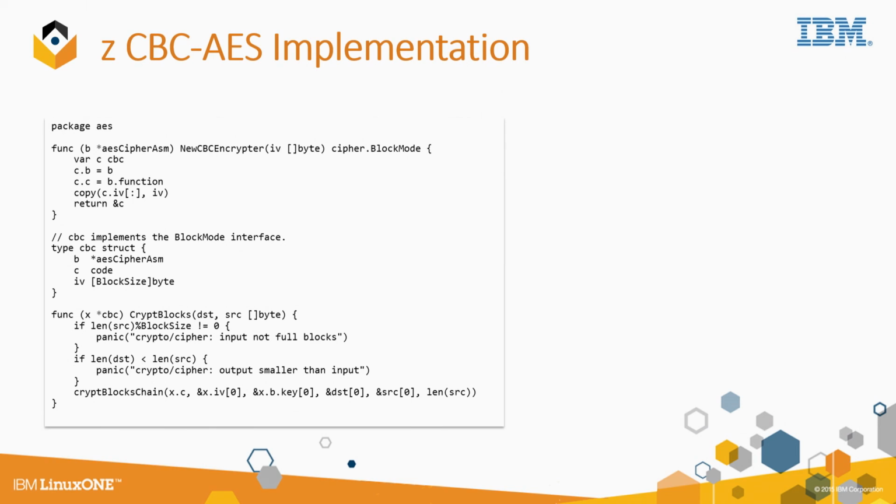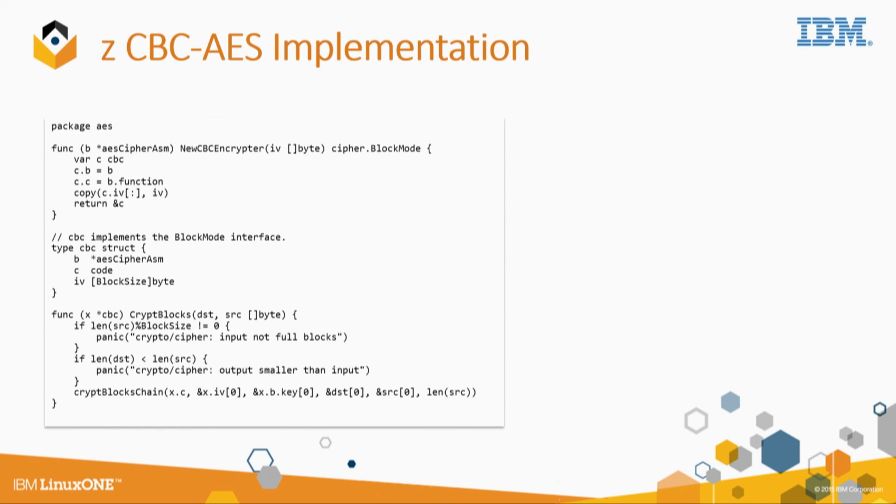So we create this new CBC encryptor method on our original optimized implementation that creates a CBC implementation that gives us the initialization vector and the other things that we need in order to do Cipher Block Chaining.